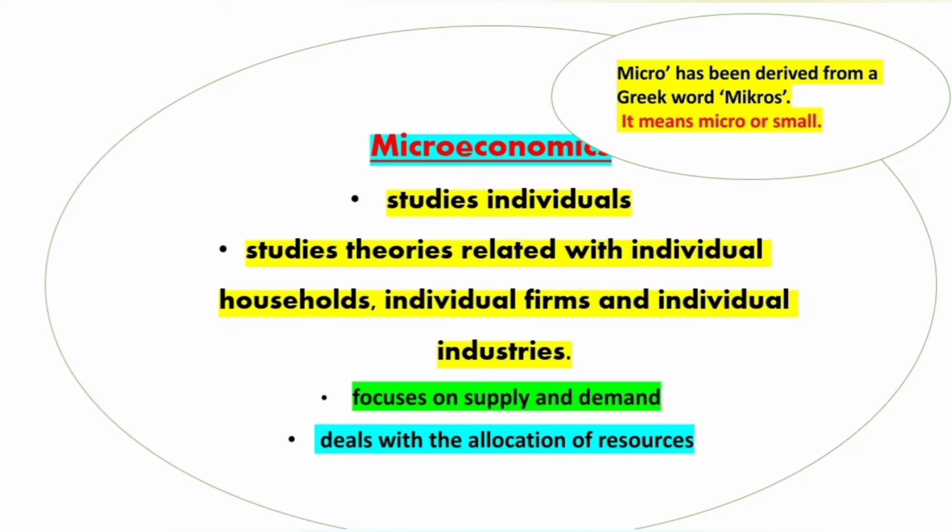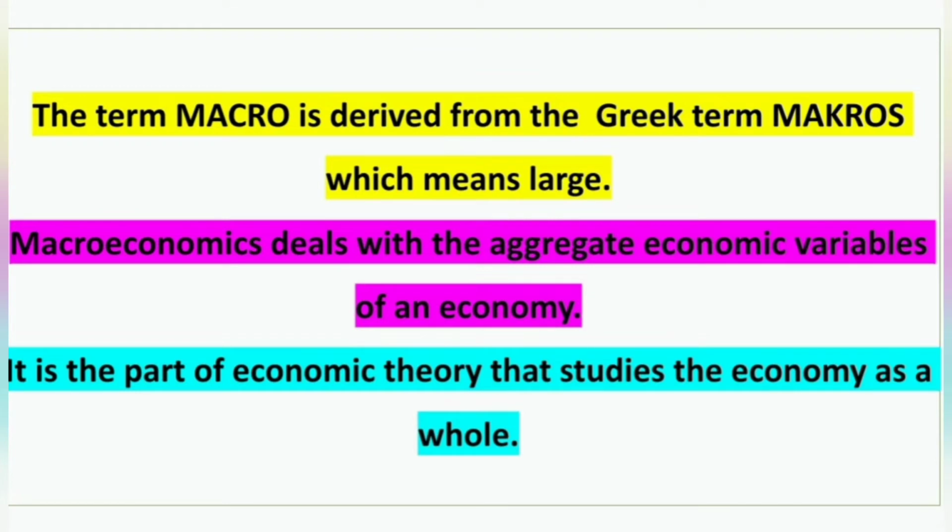It deals with individual households, individual firms, individual industries. Its main tools are demand and supply. And it studies individual prices and analyzes demand and supply of goods, deals with the households and firms' decisions.